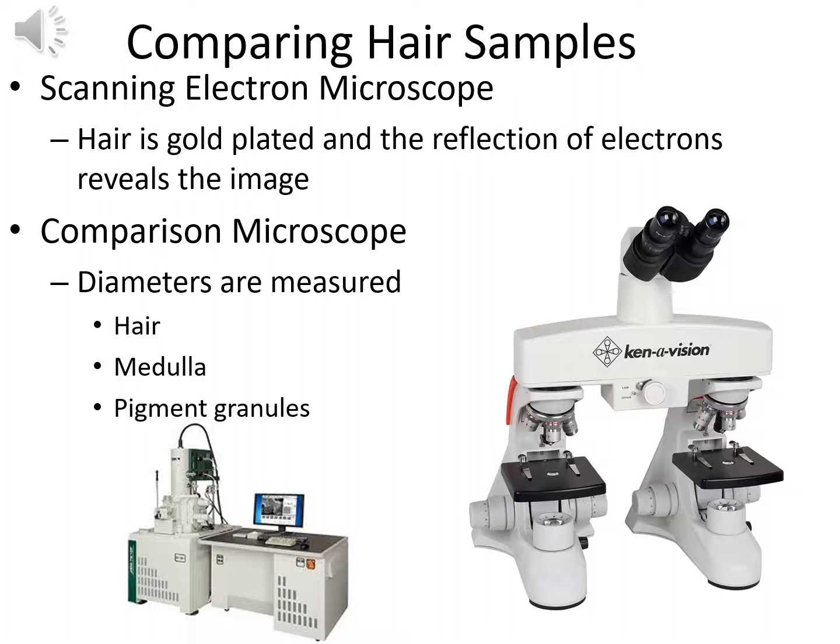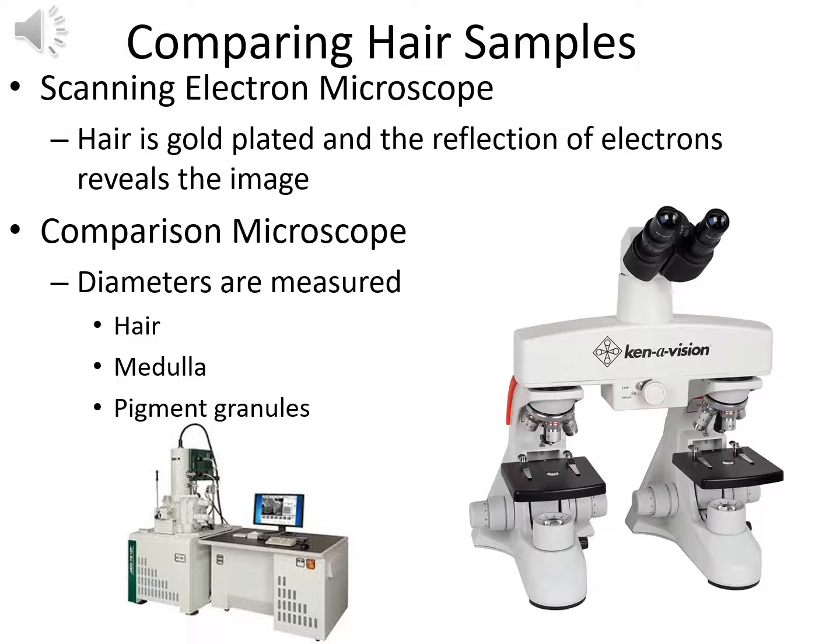You can also use the light microscope, and in particular the comparison microscope, like we would use for comparison samples of bullet casings or fibers we'll talk about in the next unit. This will allow you to look at two different hairs, one in one eye and one in the other eye of these two compound light microscopes that have been joined together for comparison purposes.